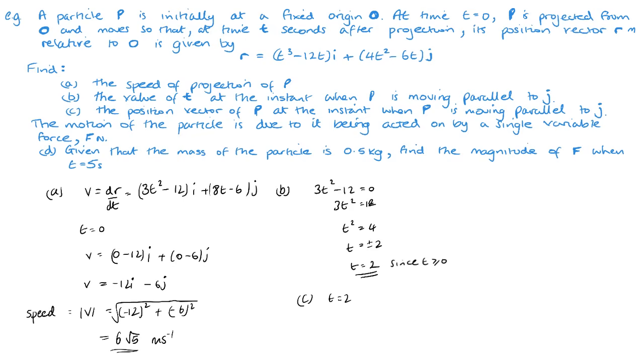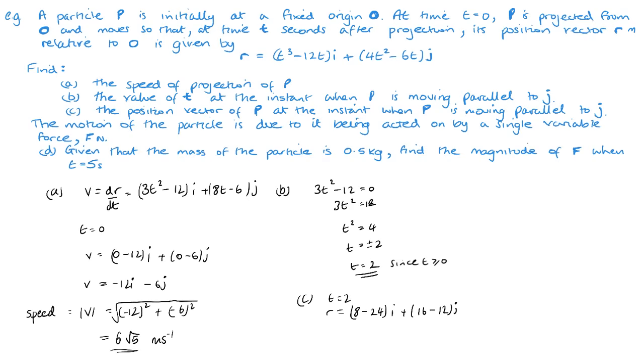when t equals 2, r equals, so 2 cubed is 8 minus 12 times 2 is 24. And then we've got 2 squared is 4 times 4 is 16 minus 6 times 2 is 12.